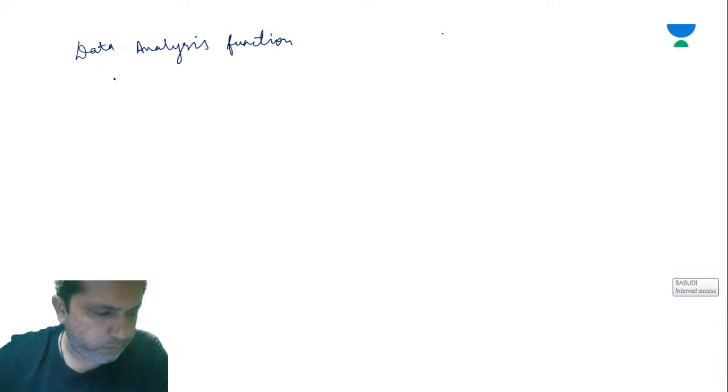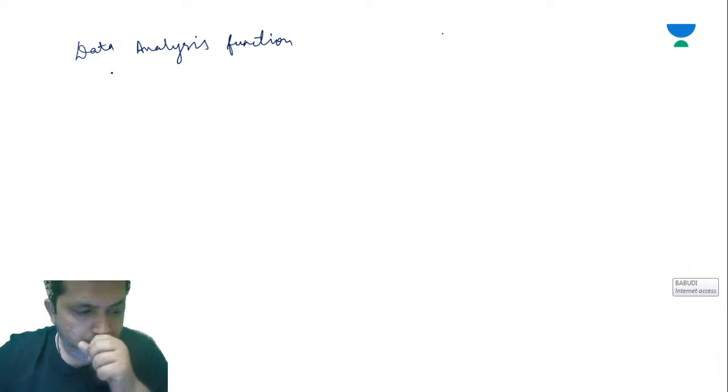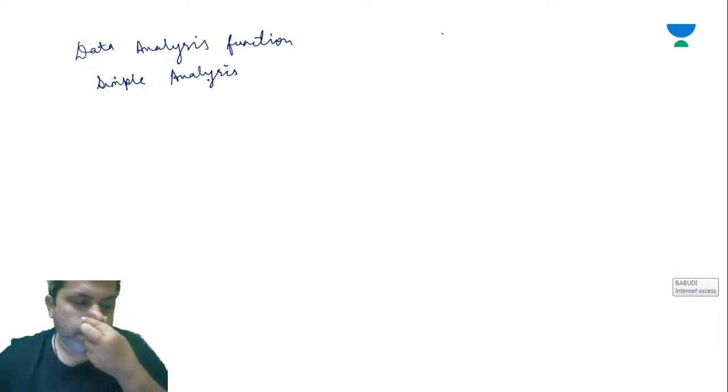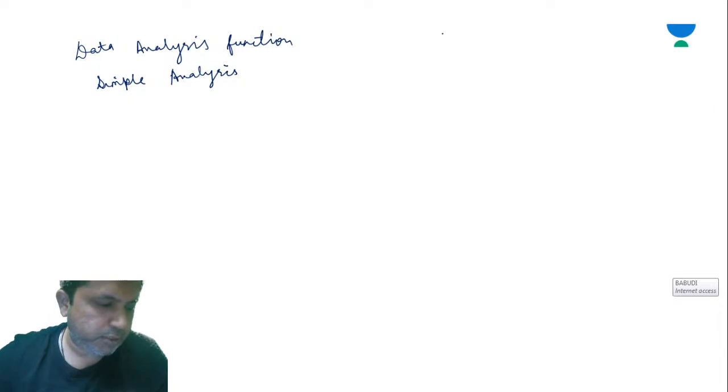In this function, first one is simple analysis. See, this is very important in many situations where you need to find out the maximum or minimum value, but every time you will not write down the code for maxima and minima.